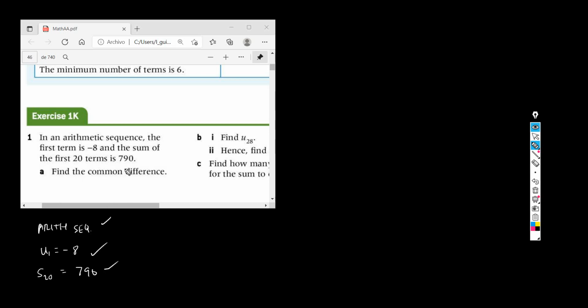And question A, find the common difference. Okay, so let's see. We know this formula for arithmetic sequences, and we also know these other two formulas, right?